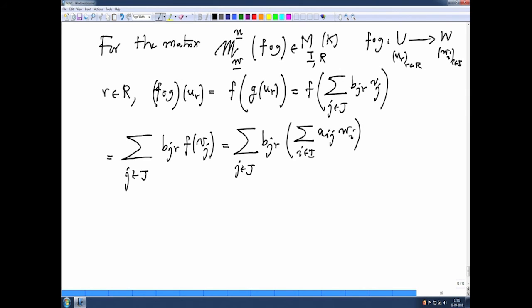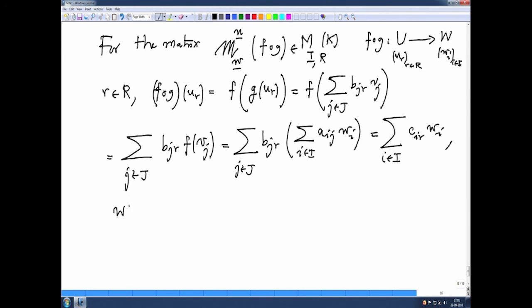Both these are finite sums and I can rearrange, and when I rearrange I will write the coefficient C, which depends on I and R. So C_IR W_I, and the sum is running over I in I, where C_IR is the collected coefficient.